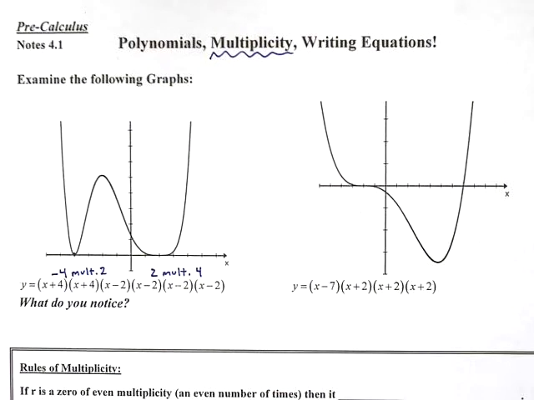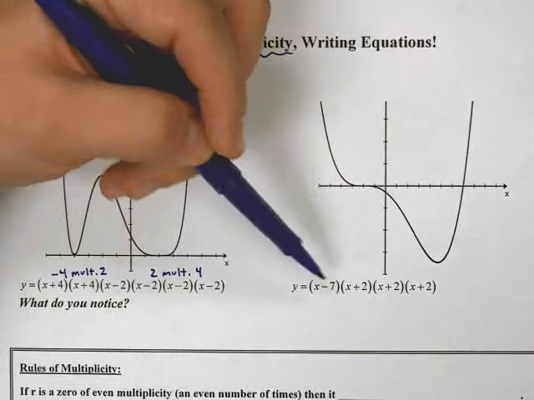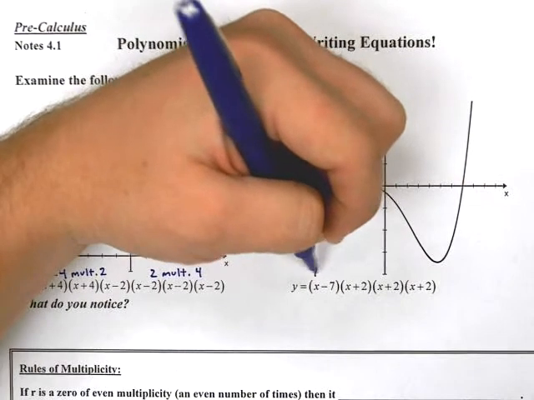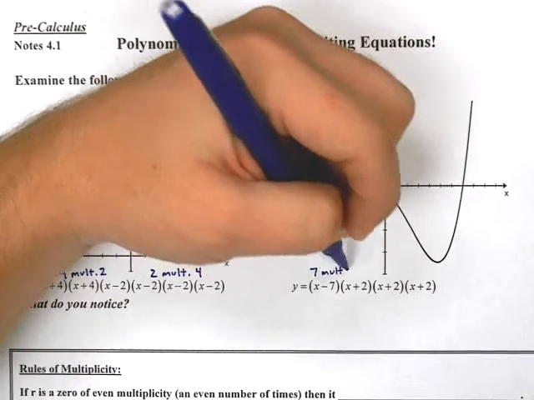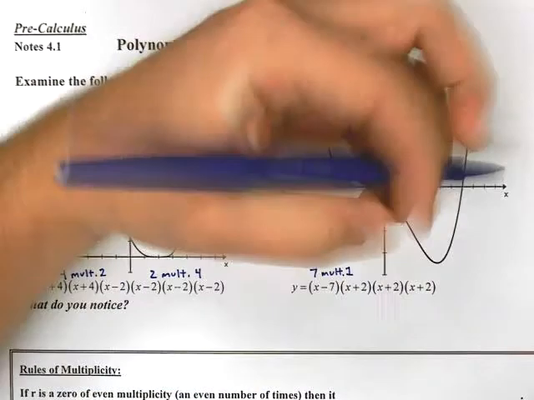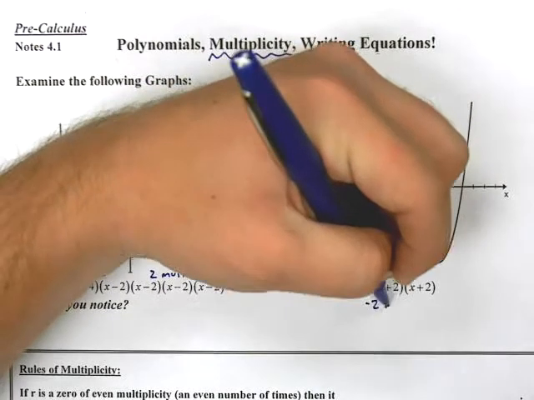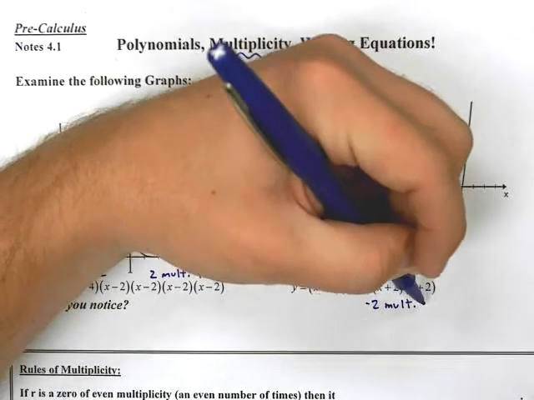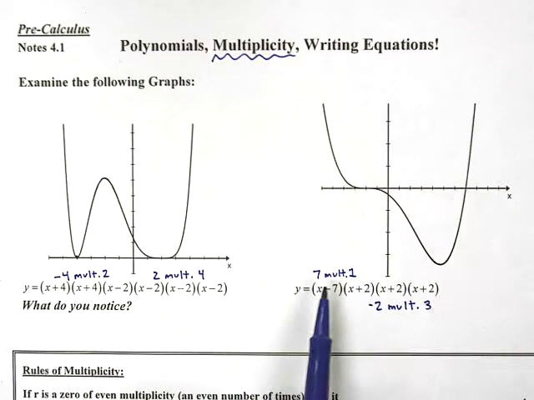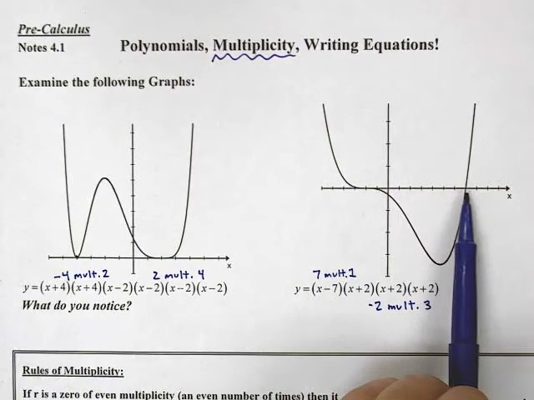Now let's examine this equation over here. I have an x minus 7, so that's a zero of 7, with multiplicity of 1. And then I have x plus 2, so a zero of negative 2, but multiplicity of 3. So now when we take a look at these zeros, or these x-intercepts, well, 7 with multiplicity of 1, this is what we did yesterday.